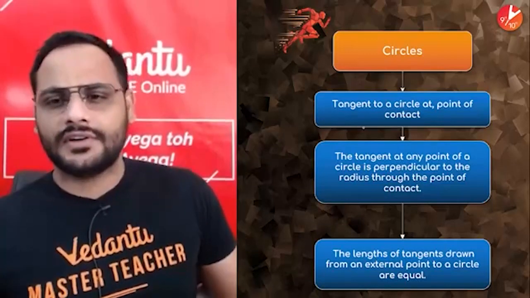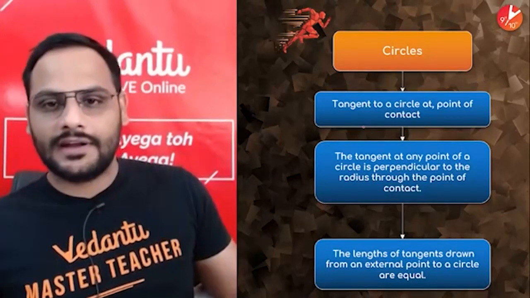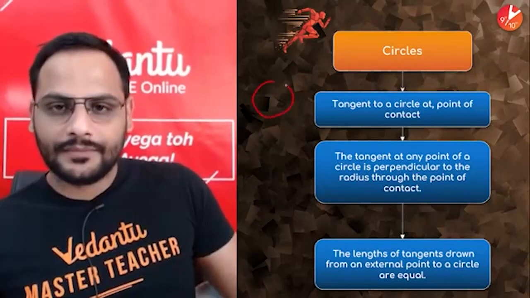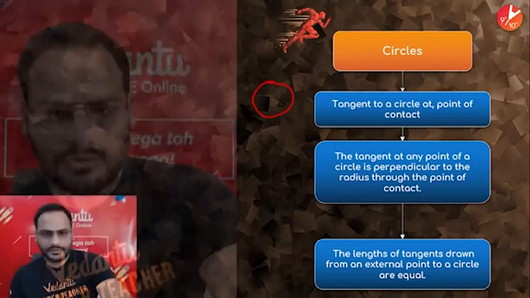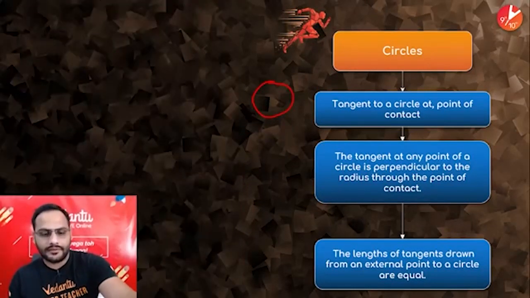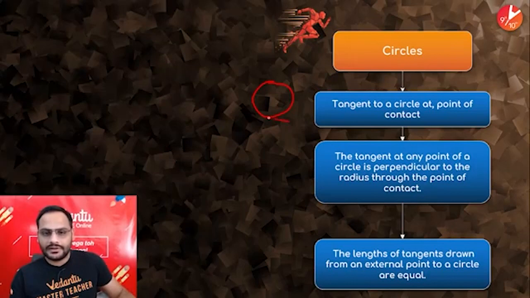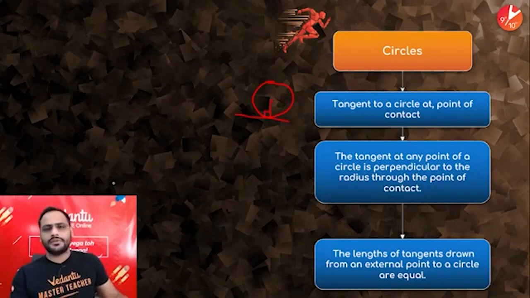One is the tangent of a circle. At the point of contact, it says that suppose we have a circle like this, and if I draw a tangent to the circle, then the radius at the point of contact is perpendicular to the tangent.